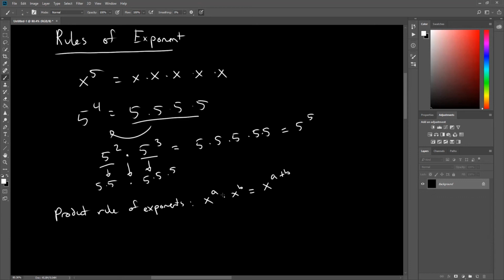So x to the a times x to the b is equal to x to the a plus b. We just demonstrated that here because 5 to the 2 times 5 to the 3 is equal to 5 to the 2 plus 3, or 5 to the 5, right? That makes sense?